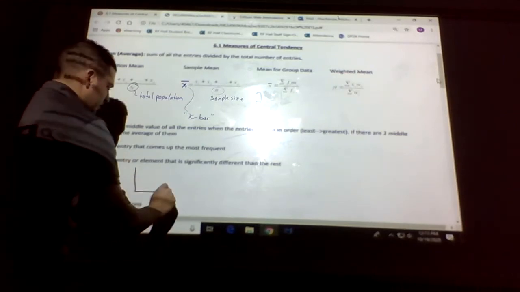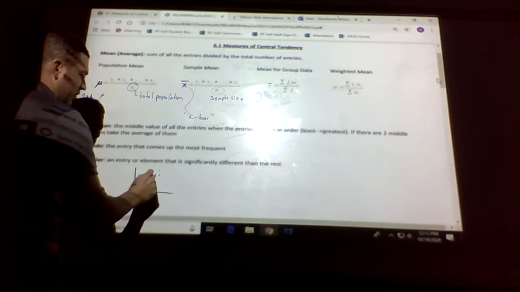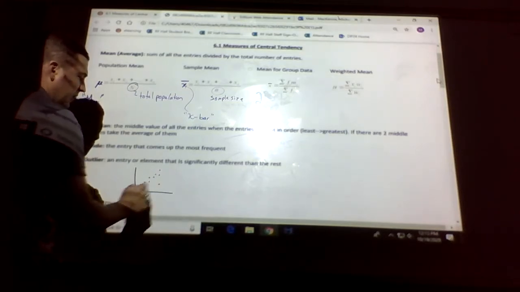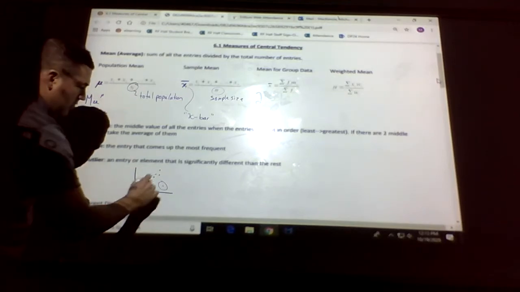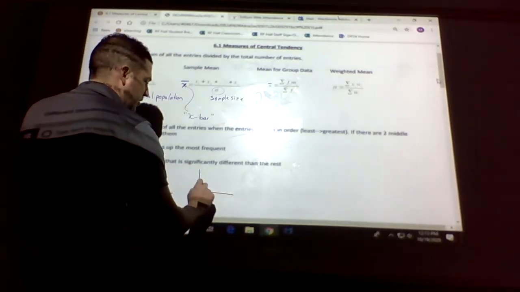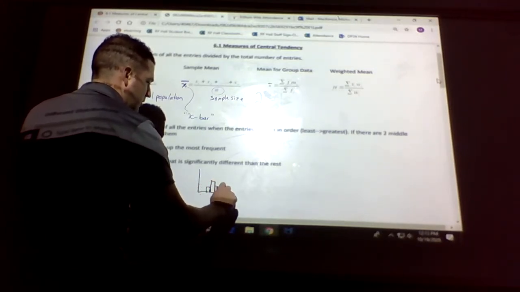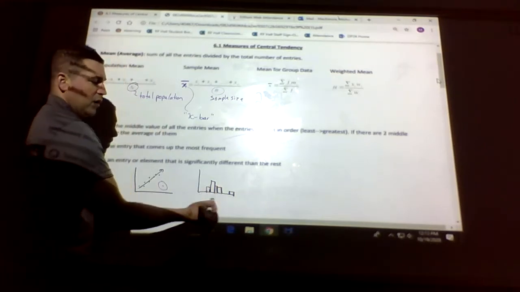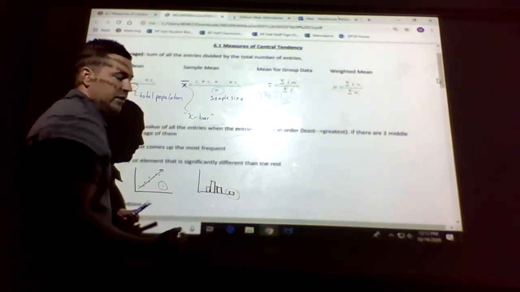For instance, if I had a graph that looks something like this, and then I had a value that was kind of off to the side, this would be considered an outlier, because it's not within the trend of the graph. This could happen in a histogram or bar graph as well. You have a whole bunch of bars marked together, and then you have one that's off. So this would be an outlier.